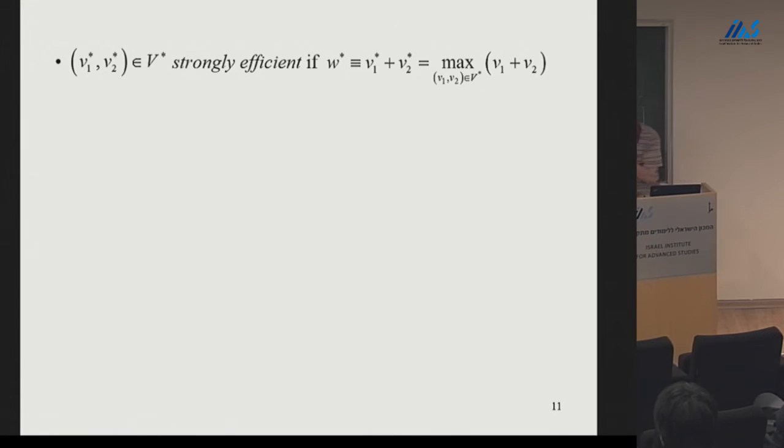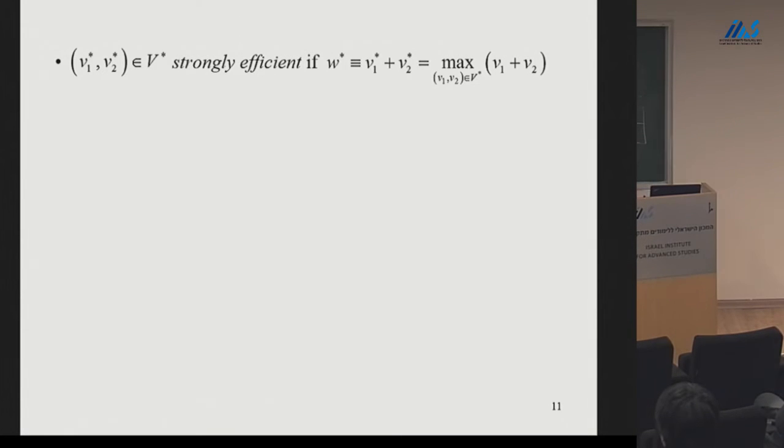All right. So now we come to a concept which is not so familiar. What I'll call strong efficiency. A feasible pair of payoffs, V1 star, V2 star, is strongly efficient if it maximizes the sum of the two players' payoffs.